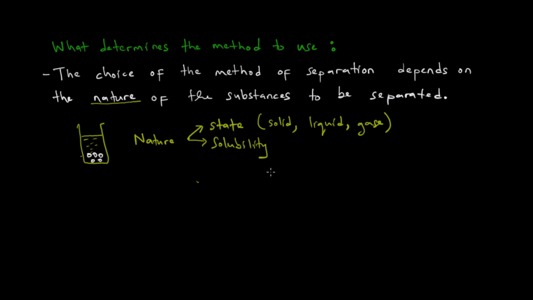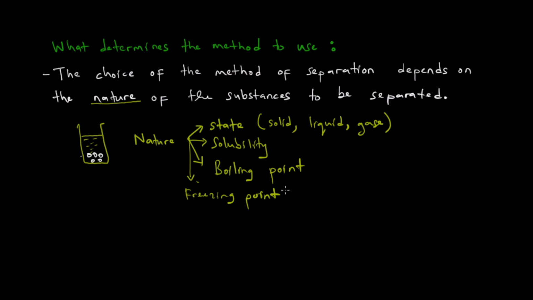Saka solubility is also the nature which we consider, and we can also consider the boiling point like this, and I can also imagine situations we consider the freezing point. Saka tichazodiscussa more about nature, uye muchaona nature ichaplaya when we are discussing the different methods of separation.